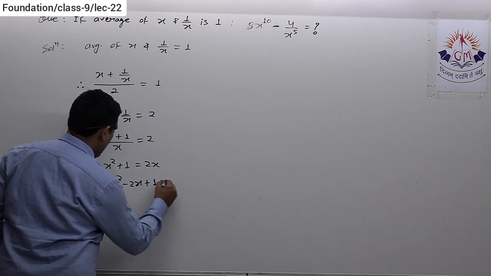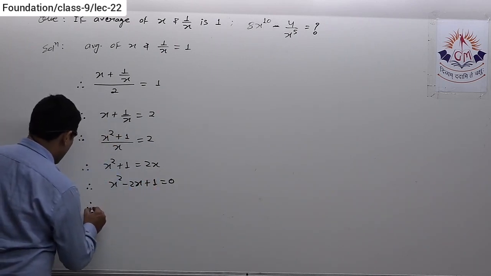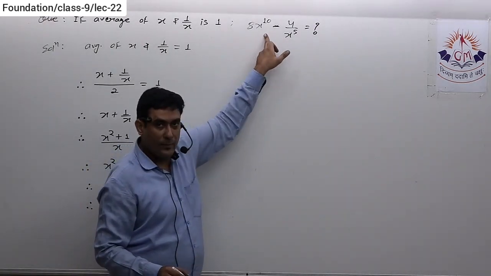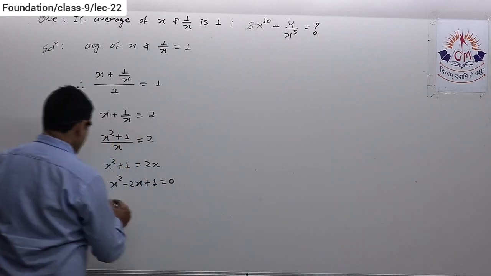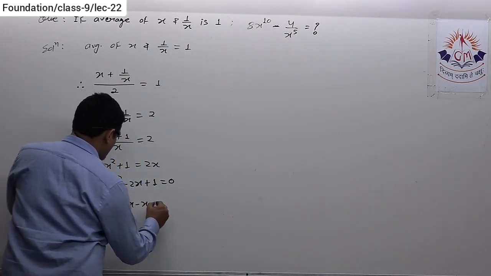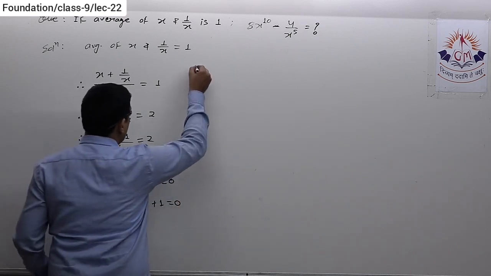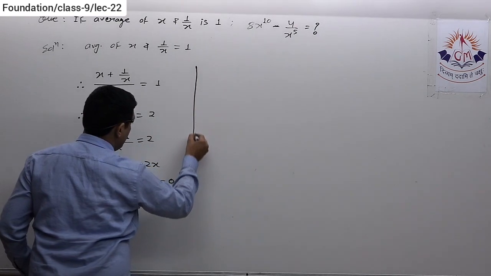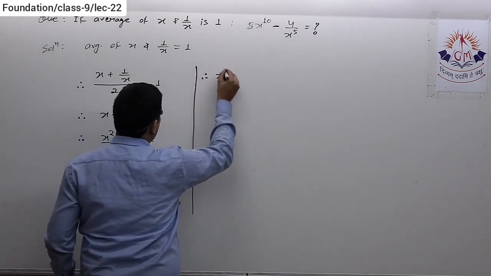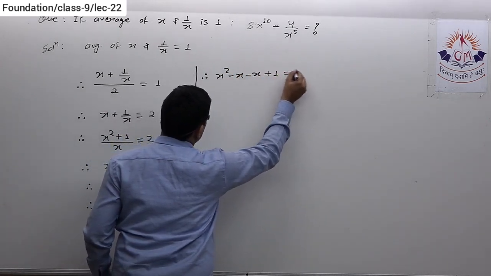So it's easy to get the value of x from this. After getting the value of x, if I put it over here, definitely I am going to get my answer. So this is x square minus 2x plus 1 equal to 0. Solving it further, x square minus x plus 1 is equal to 0.